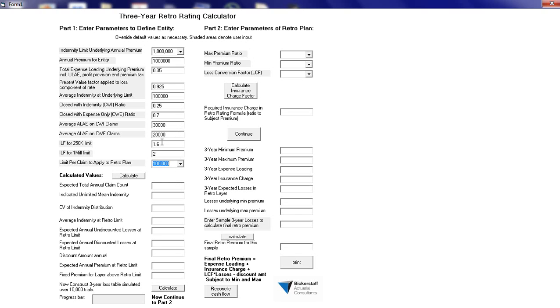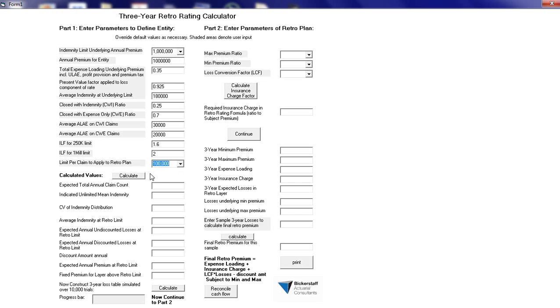Now, given all of these things, we're now going to determine what the shape is for the distribution of aggregate losses for this particular risk, limited to 100,000 per claim.